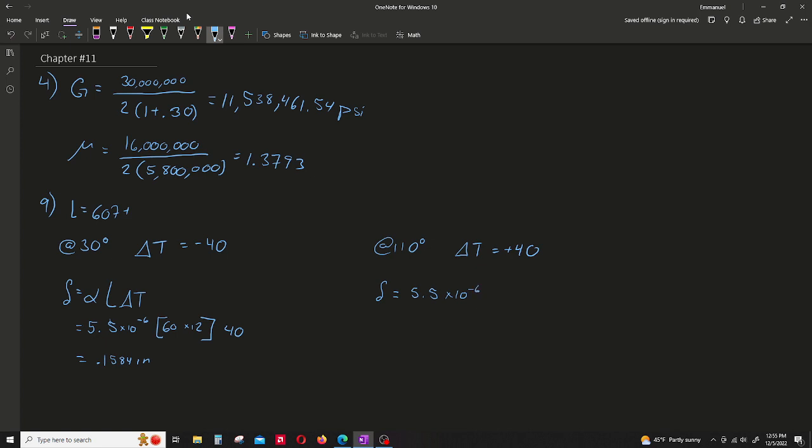Our length doesn't change either. The only major difference is that the 40 is a negative value over here; I actually forgot to put the minus there. The only difference is that lambda is now a positive 0.1584.